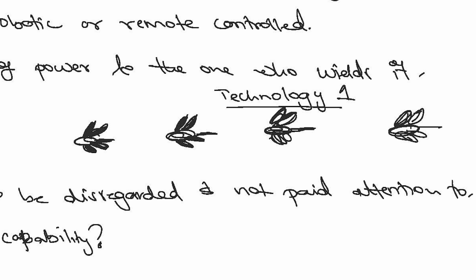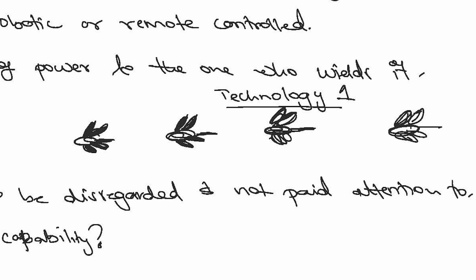It feels like there are large numbers of these technology 1 objects, and something about this type of tech feels like it's not meant to be seen. So a deduction of a surveillance type of object. It also felt robotic or remote controlled in some way, and it gives a lot of power to the one who wields it.